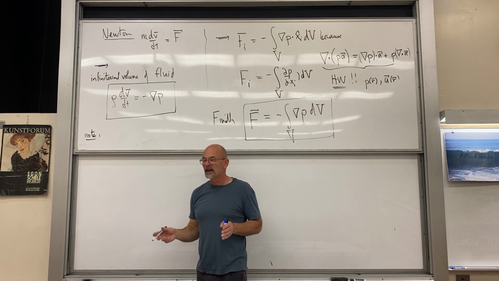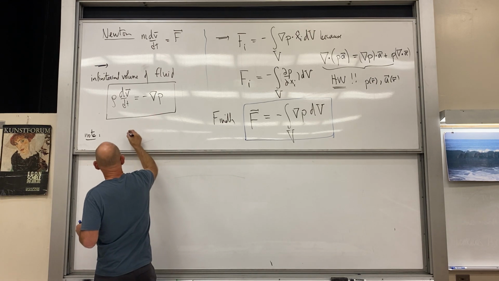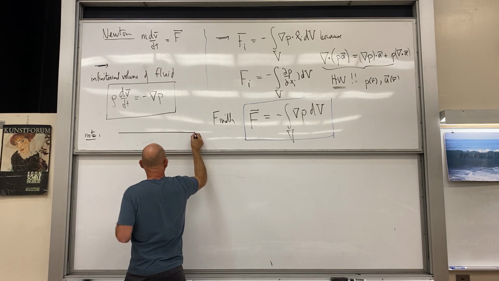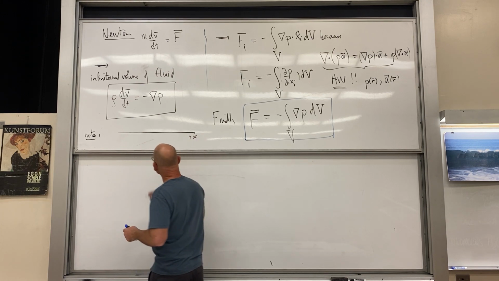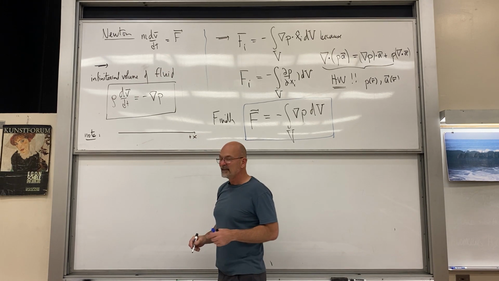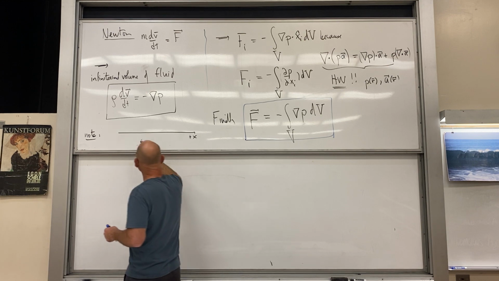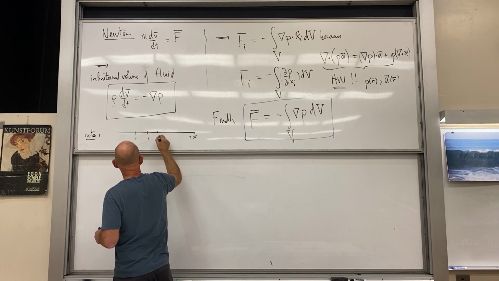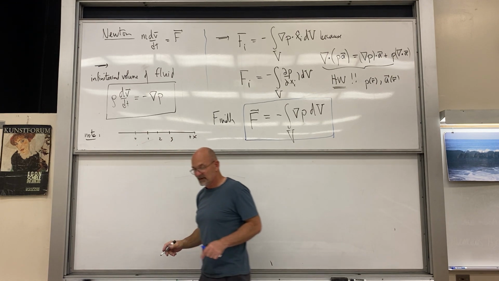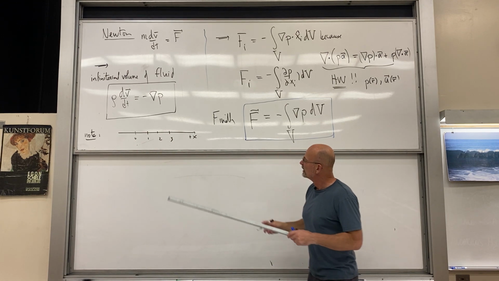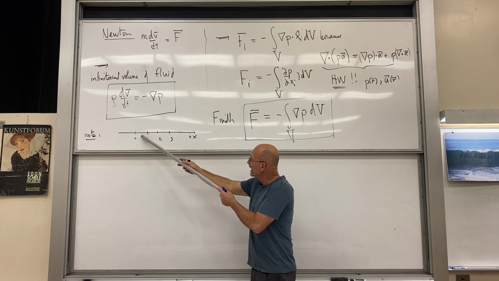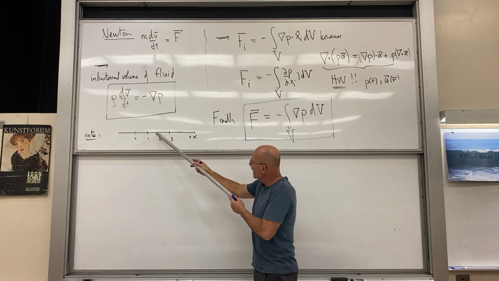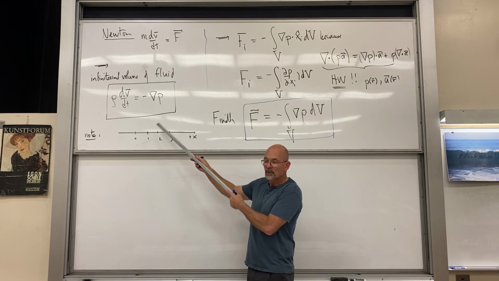So before transforming it to a field, this minus gradient, imagine we have a positive x-axis, and the gradient is positive, 0, 1, 2, 3, in some system of units. So if the gradient is positive, that means the pressure is greater at point 2 than it is at point 1.